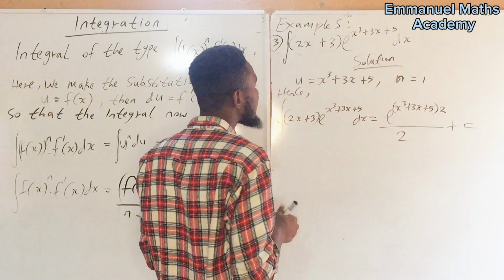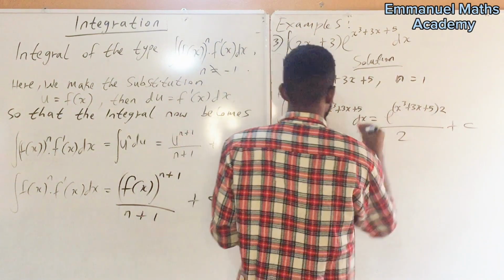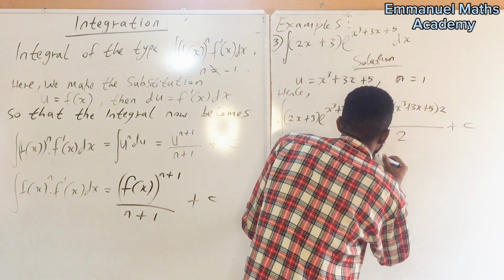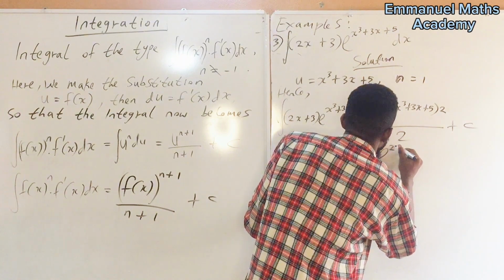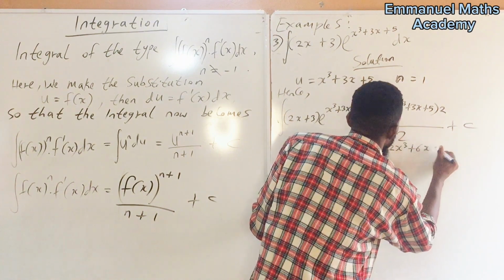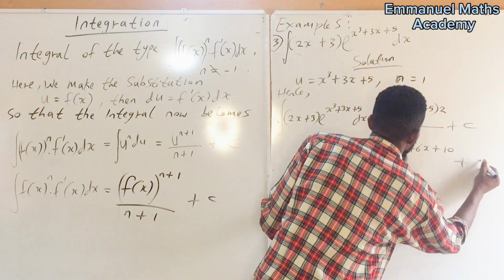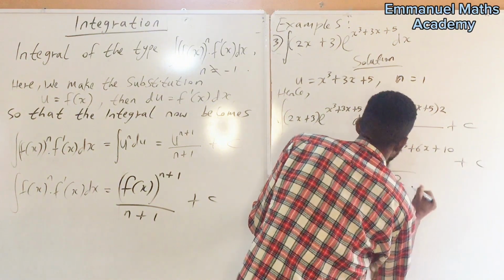As simple as that. You can open up the bracket, and it will be equal to (2x^3 + 6x + 10) plus c, over 2 here.